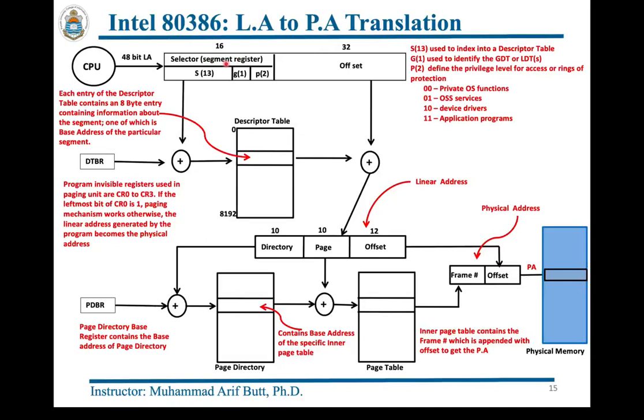That can be the code segment, data segment, stack segment, and so on. And this does not contain the base address of a segment, rather it contains a selector that selects an 8-byte entry from our descriptor table, which can be a global descriptor table or a local descriptor table. And each entry contains information like the starting address of the segment, its size, type, and permissions.